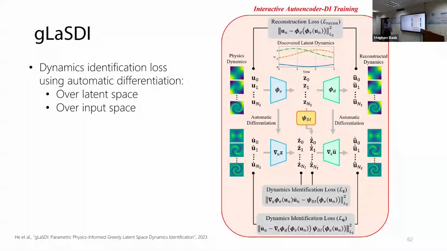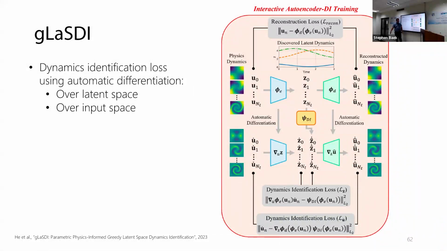Okay, so this psi underscore DI is the dynamics module. This is where things become pretty similar to Park, where you have the current state in the latent representation that goes into psi, and psi will return the z dot, the velocity, the rate of change, and that gets compared against the Jacobian computed z dots.